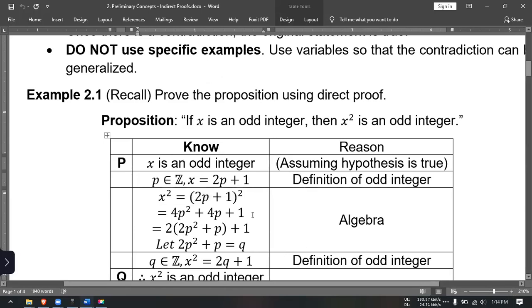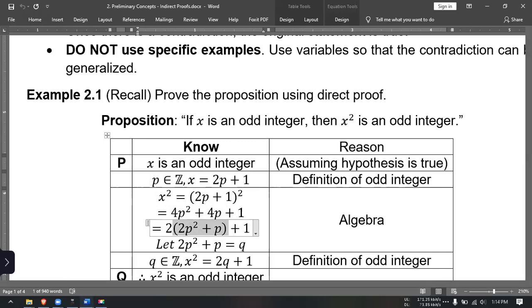And then, basic algebra, application of algebra. We have the square, we have 4p squared plus 4p plus 1. We have 2p squared, I'm distributing 2 here. So that will be following the definition of odd. So 2p squared plus 2p plus 1. And then we'll assume 2p squared plus p as another variable q.